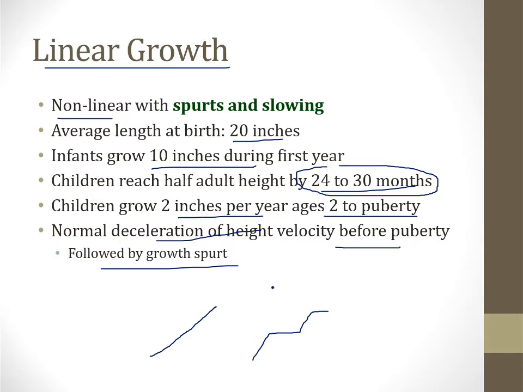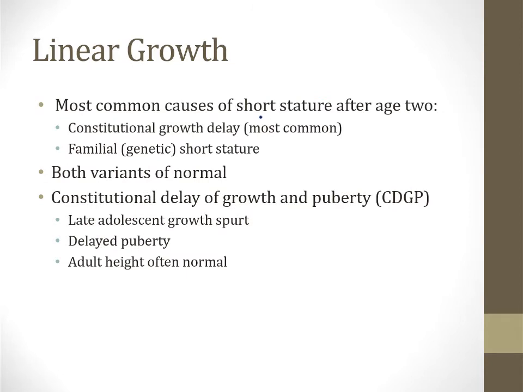when they develop puberty. If children appear to have short stature after the age of 2, for example, if they are at the 10th or 20th percentile for height, the most common cause is constitutional growth delay. This is the most common cause. The second most common is familial short stature, which is a genetic syndrome. Basically, people who have this are just members of families where most people are relatively short.